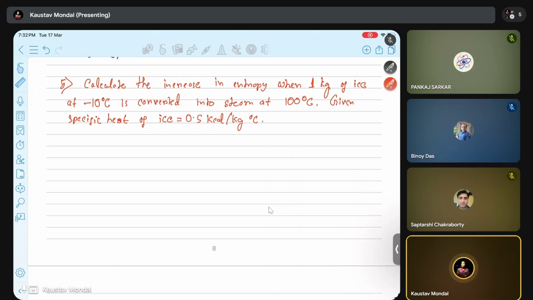So the specific heat of ice is given, and latent heat is given. Latent heat of ice is 3.4 into 10 to the power 5 joule per kg.